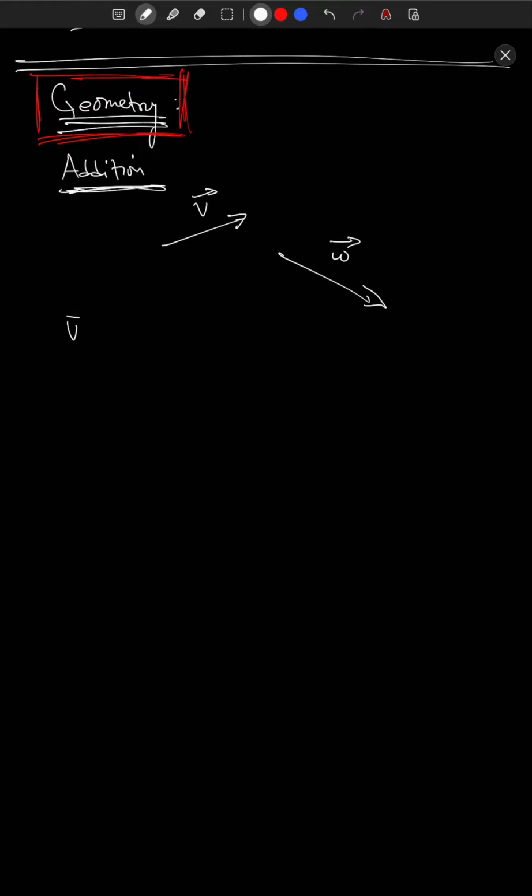V plus W is the vector where you draw V first, and then at the tip of V, at the head of V. One thing, we often call this point here the tail, and this one we often call the head of a vector.